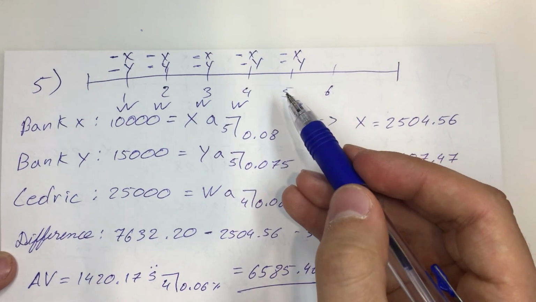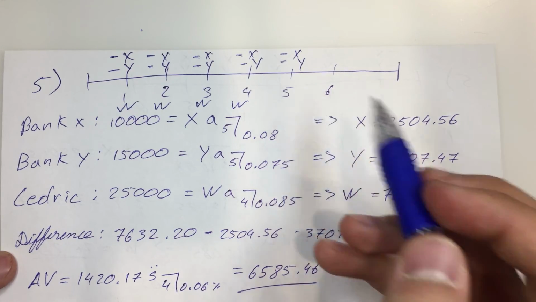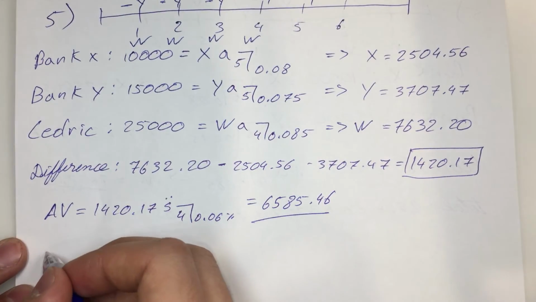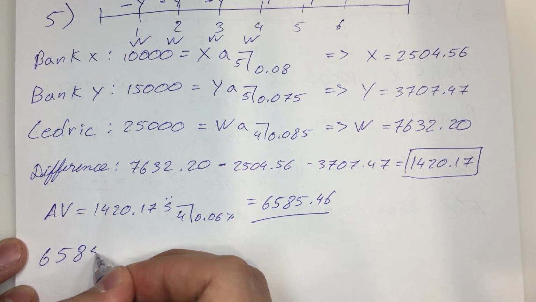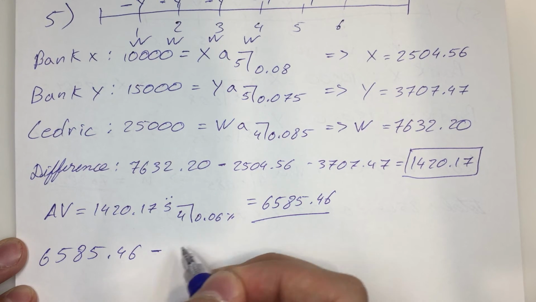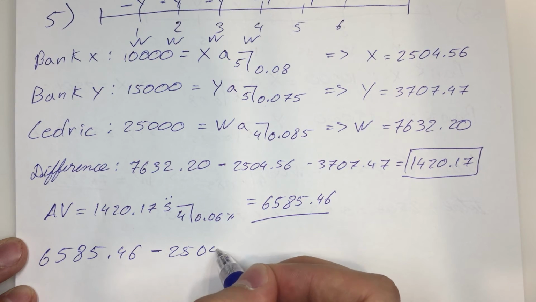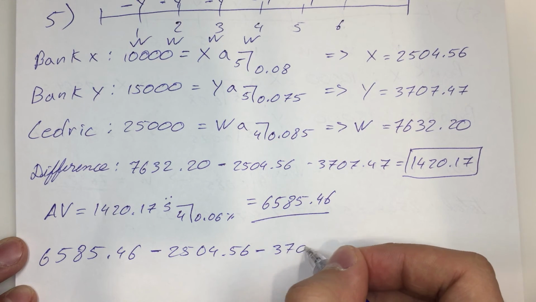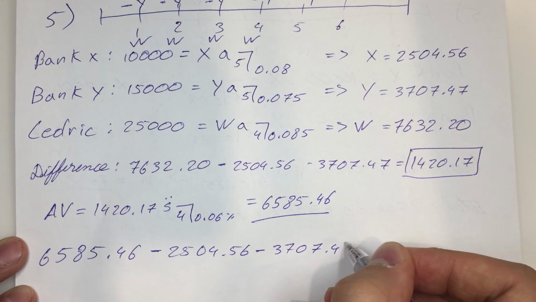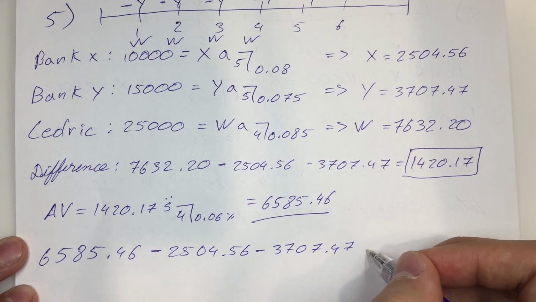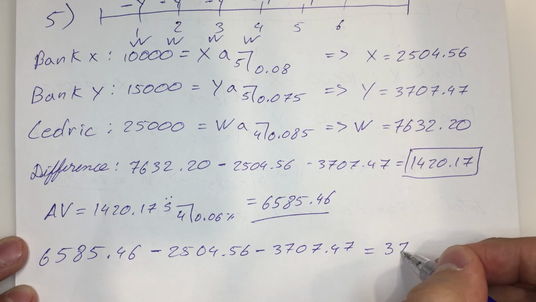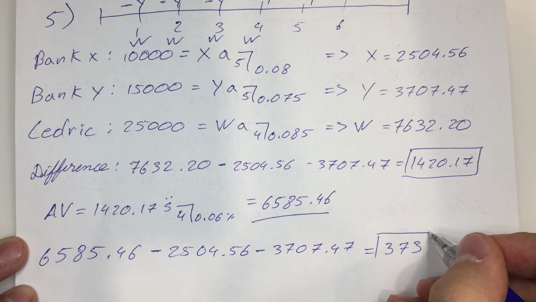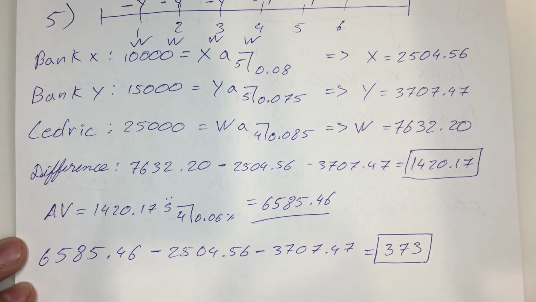Now, we still need to take into account Devin's outgoing payments at year 5. So his outgoing payments would once again simply be $2,500 minus his $3,700, and he ends up having just about $373 left, and that is our final answer.